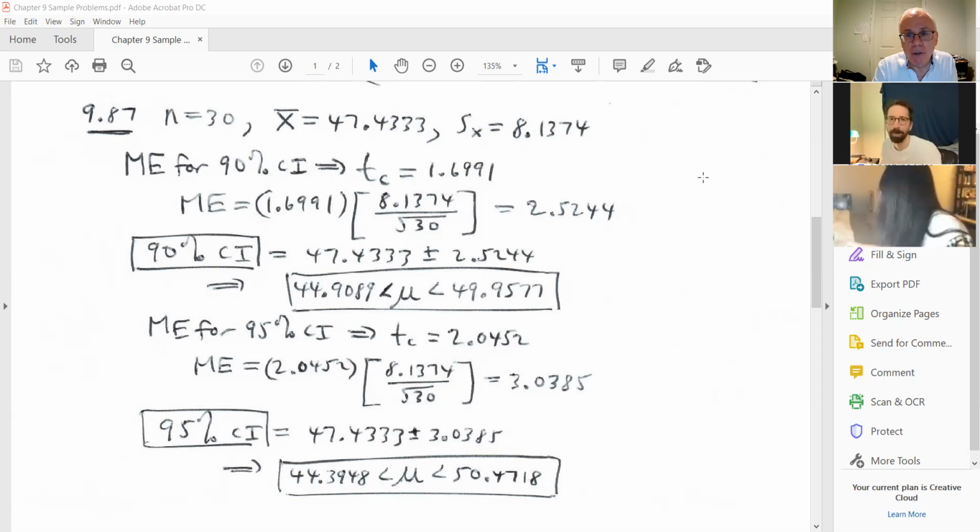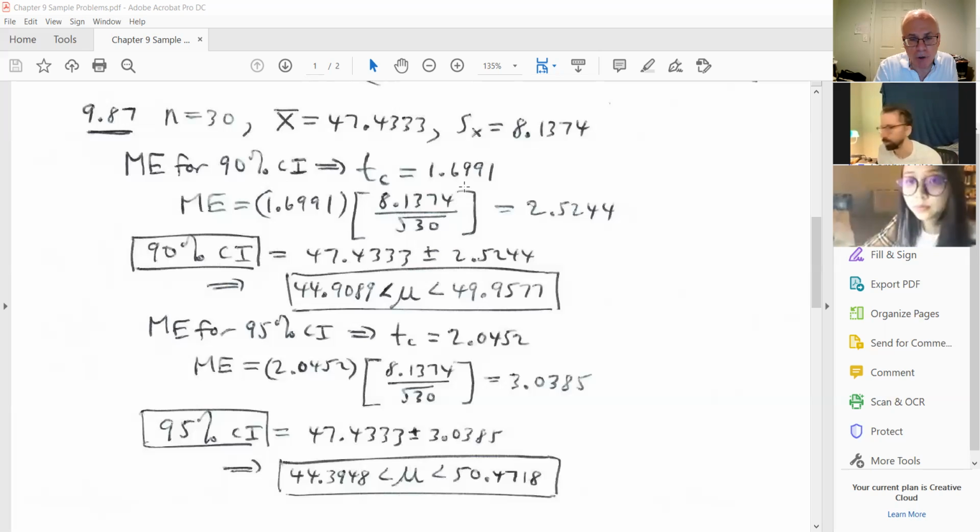That's my mistake. Yeah, it's the square root of n. Right, you have to be very careful. Knowing that the t critical value is based on n-1 degrees of freedom. Right, but this denominator is always the square root of the sample size, not the square root of the degrees of freedom. So that's where I went wrong. Yeah. So that's it.